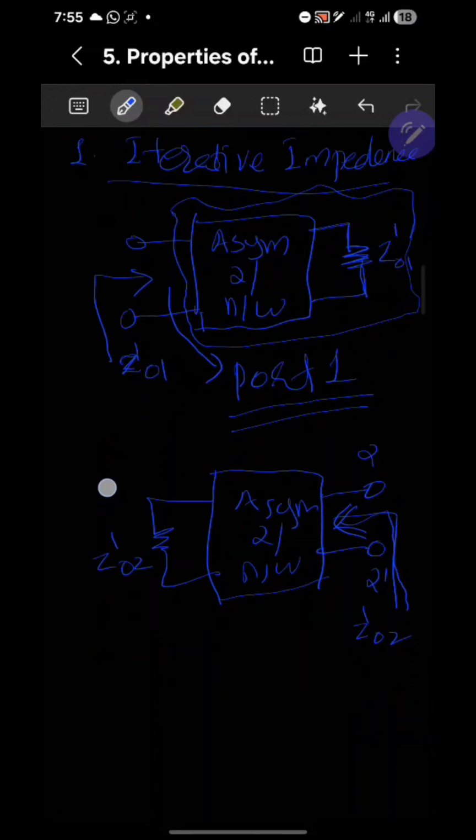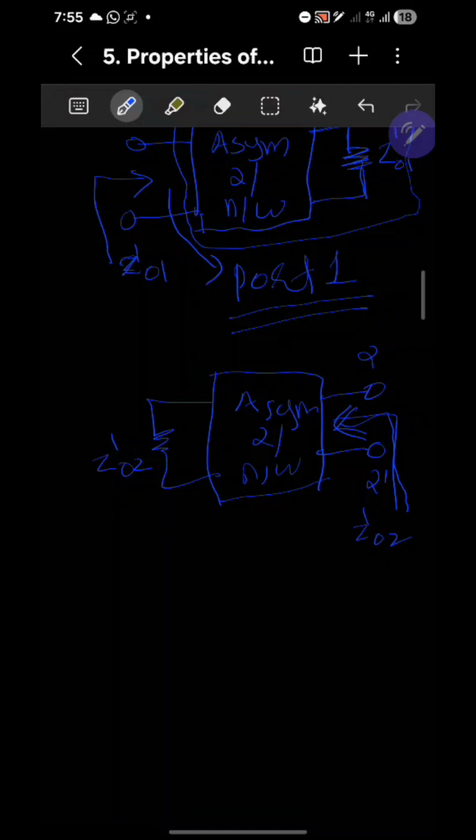So for a particular network, there will be two iterative impedances, Z dash 01 and Z dash 02, corresponding to each port. Z dash 01 is the iterative impedance of port 1 and Z dash 02 is the iterative impedance of port 2. Each represents the iterative impedance of each port.